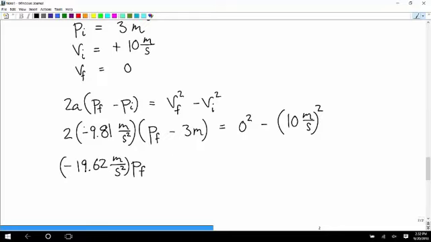And then we have 2 negatives, so that's going to be positive 19.62 meters per second squared times 3 meters is 58.86. Can someone multiply that out? 2 times 9.81 times 3. Yes. And the units are meters squared per second squared.